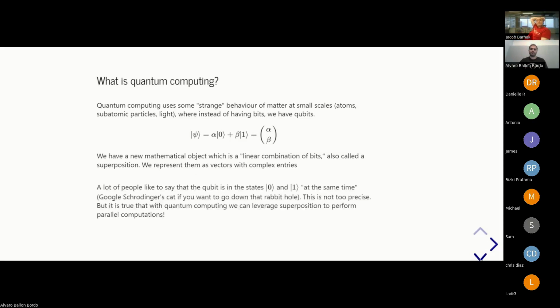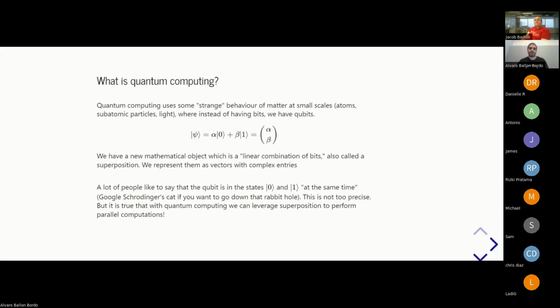Now, you may have seen something in the media, I don't know, amongst millennials and Gen Z, this has become really popular, that people talk about Schrodinger's cat, saying, oh, if 0 represents the cat being dead and 1 represents the cat being alive, then what does alpha 0 plus beta 1 represent, right? What does this vector represent for the cat? Is it in a state between alive and dead? Is it alive and dead at the same time? Some people just like to philosophize about this, and the answer to these questions, what does this actually represent, is we don't know.